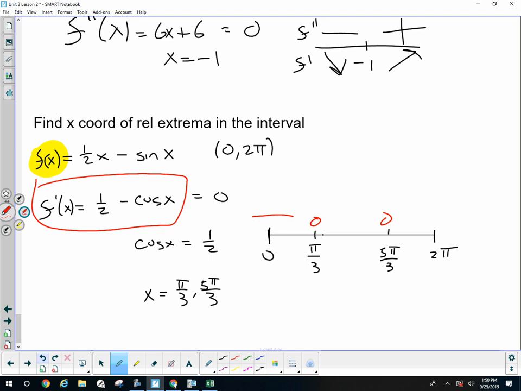Between pi over 3 and 5 pi over 3, there's lots of good options. Pi over 2 is a good option. Pi, 3 pi over 2. I'm using pi. The cosine of pi is negative 1. You'd have 1/2 minus negative 1, 1/2 plus 1, positive.